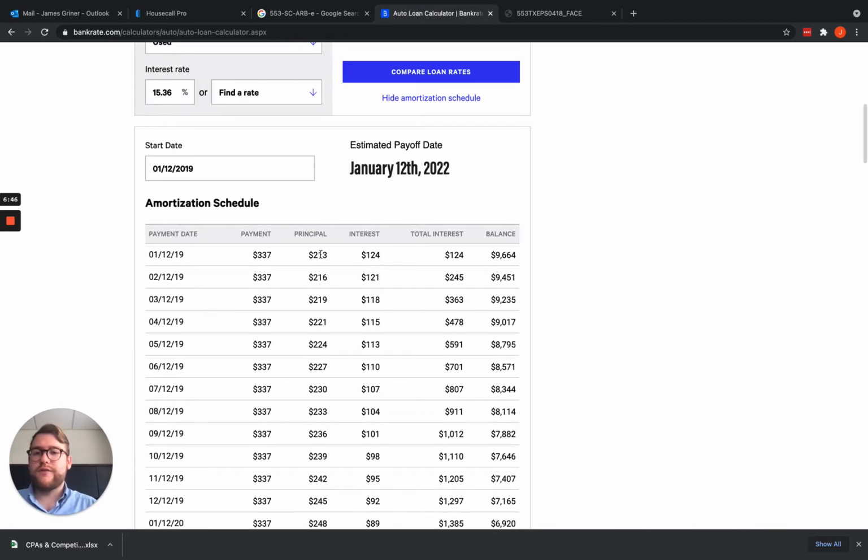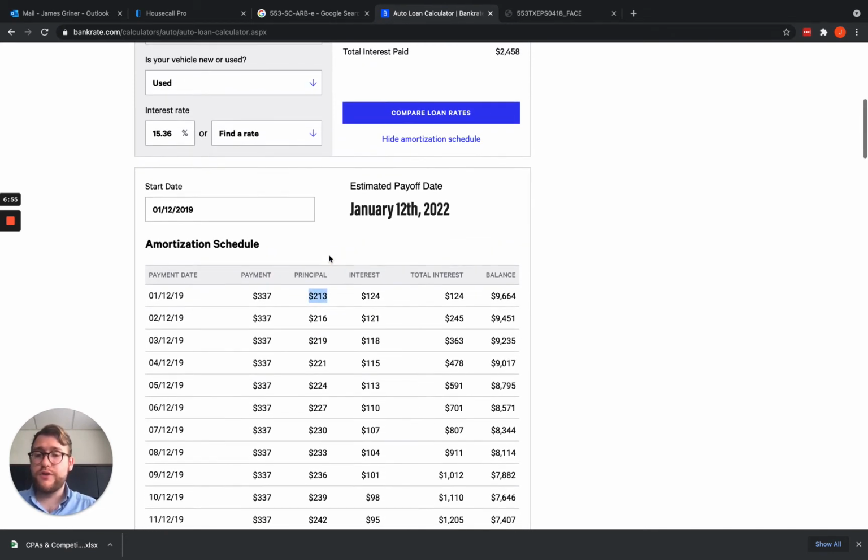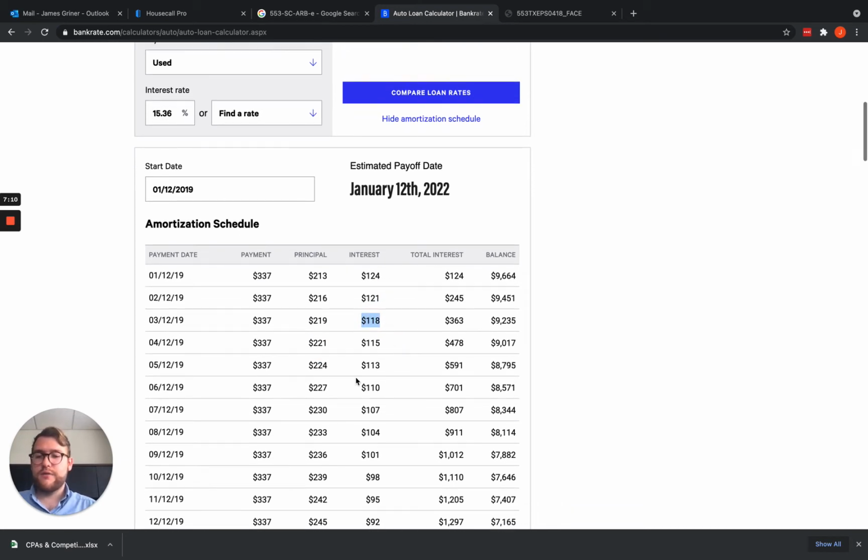Every single time we make a payment in our books for $337, we want to make sure that we apply $213 of it to the loan, or the liability on your balance sheet, and $124 to interest. The next month, instead of $213 and $124, we would do $216 and $121, then $219 and $118, so on and so forth.